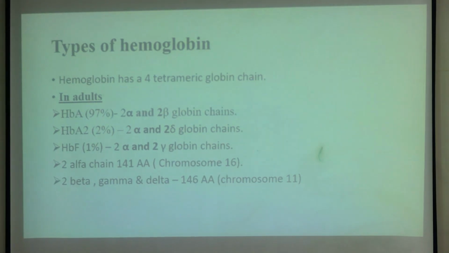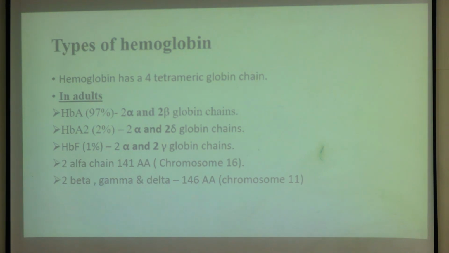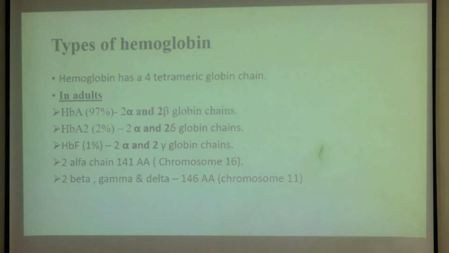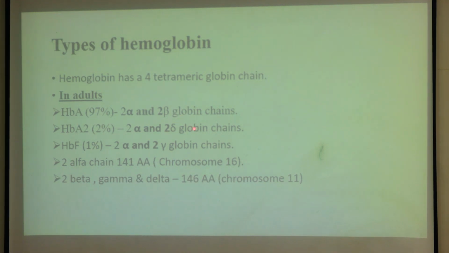In a normal person, say you are a normal person, if you are going to check your hemoglobin status, how can you check? By electrophoresis. Then you can see we have 97% adult hemoglobin. It has 2 alpha chains and 2 beta chains.